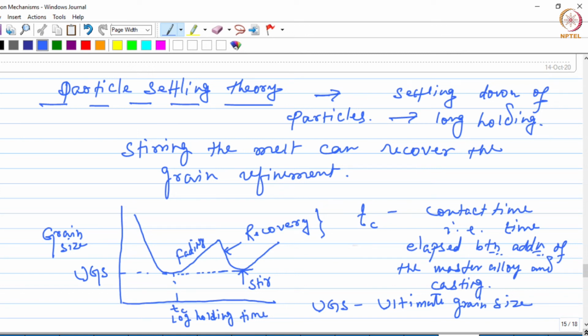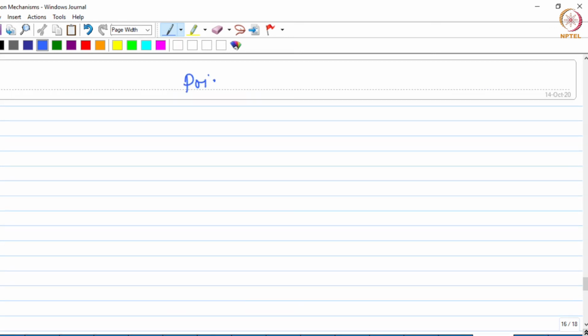Now there is one more aspect, that is the poisoning. So the poisoning is with regard to some adverse effect of certain elements on the grain refinement. So elements like chromium, zirconium, lithium, and high levels of silicon will adversely affect the grain refinement.